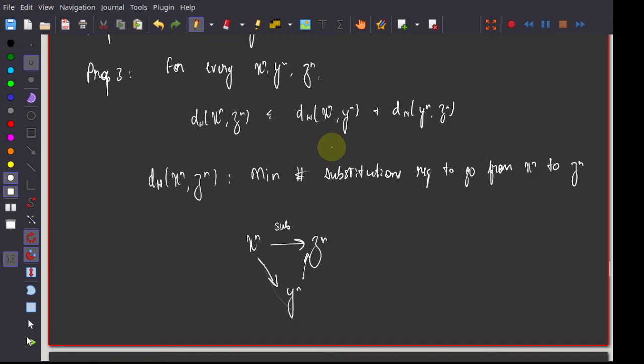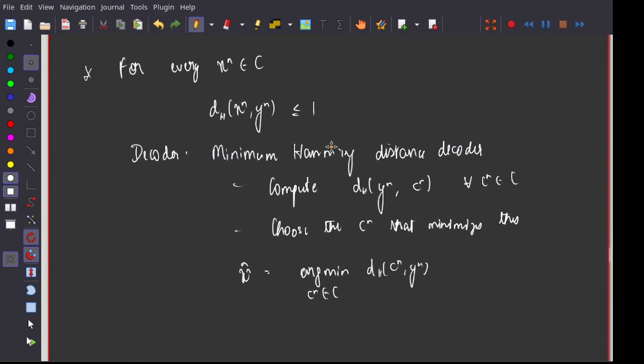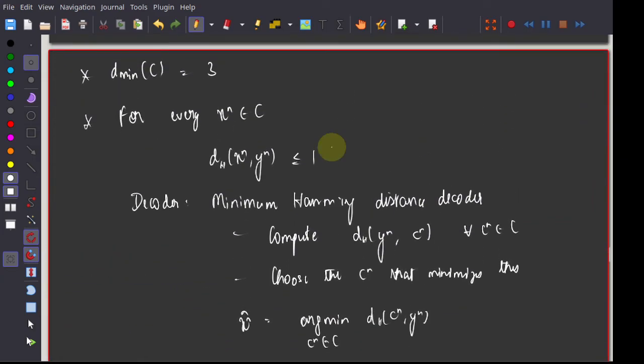So now let's go back to the original question we had. I give you a code with minimum distance 3. So every pair of code words is separated by a Hamming distance of at least 3. And I'm saying that the error vector can only introduce errors which result in dH of xn and yn being less than or equal to 1.